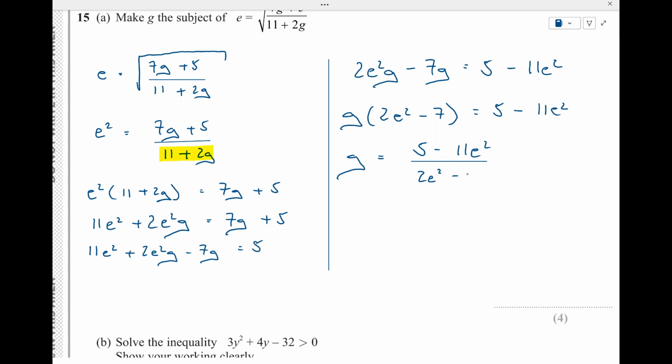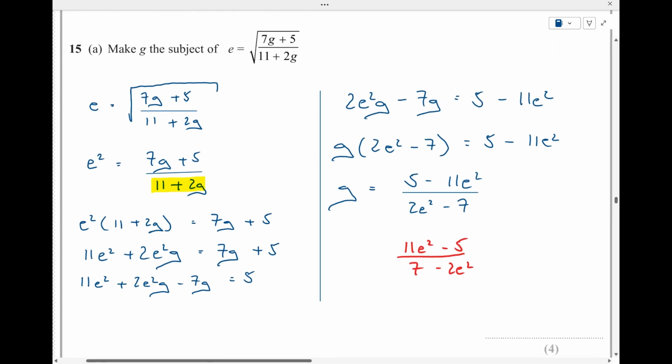So g is now the subject. And I've got 5 minus 11e squared over 2e squared minus 7. But you could equally have got the answer 11e squared minus 5 over 7 minus 2e squared, and that would be fine as well. So that's 15a done.